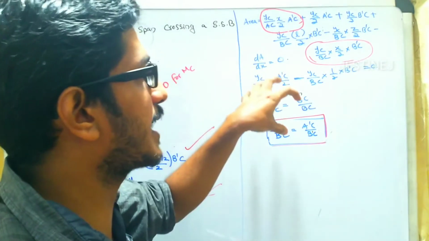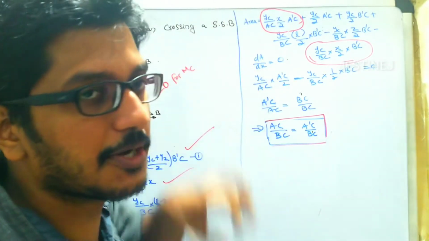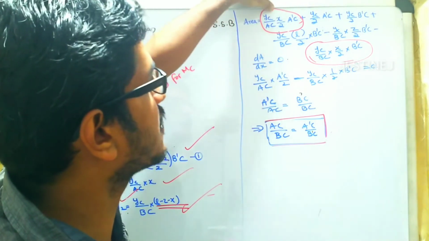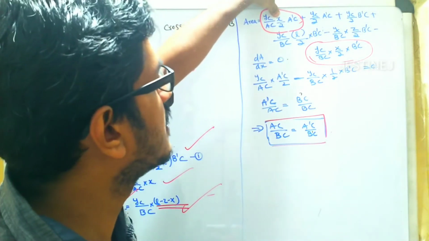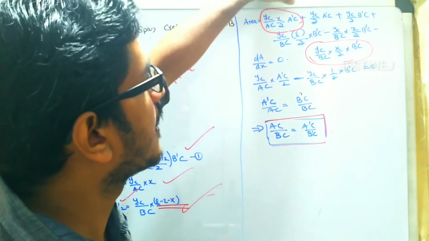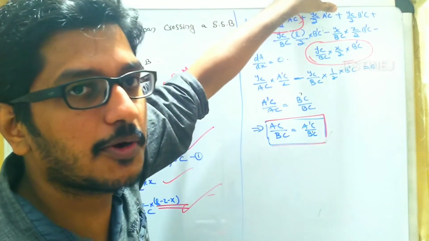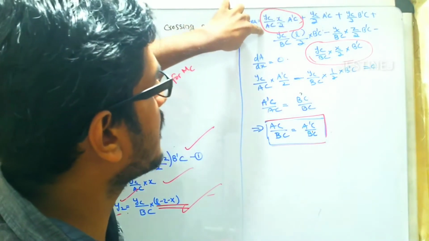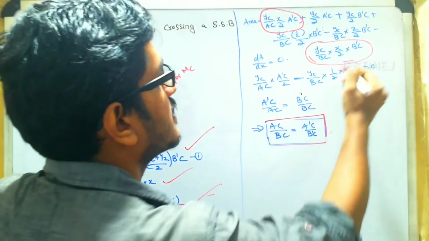For the area to be maximum, we have to take the derivative with respect to X. In this case, only two terms contain X. The rest of the terms will be 0 when you take the derivative. So only this term and this term will have a derivative.